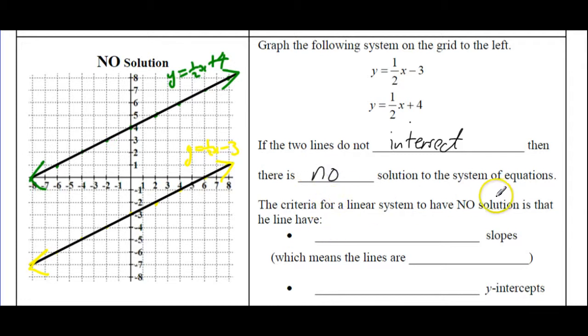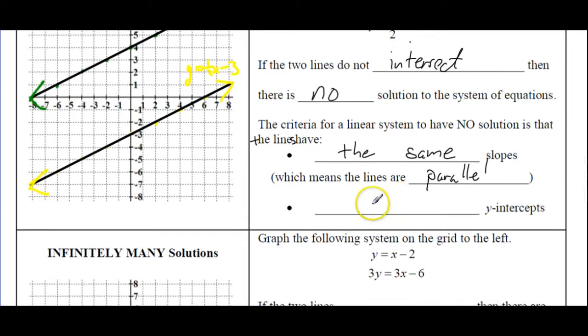The criteria for a linear system to have no solution is that the lines have the same slope, which means the lines are parallel. But not just the same slope. They must also have different y-intercepts, because what happens if the slope and the intercept are the same?